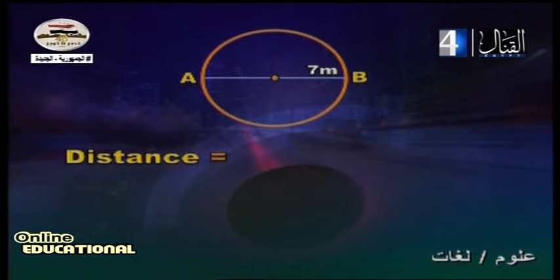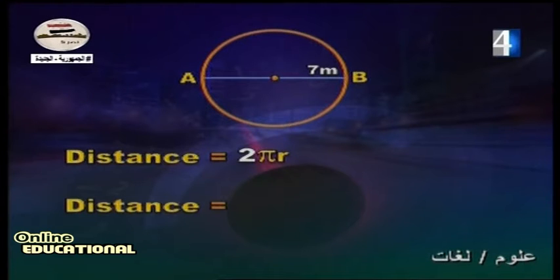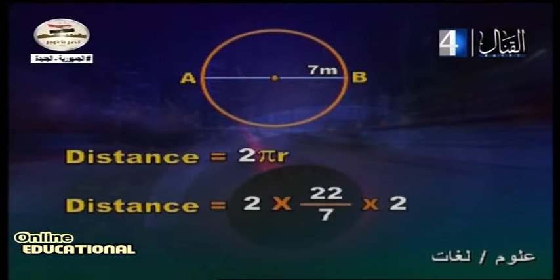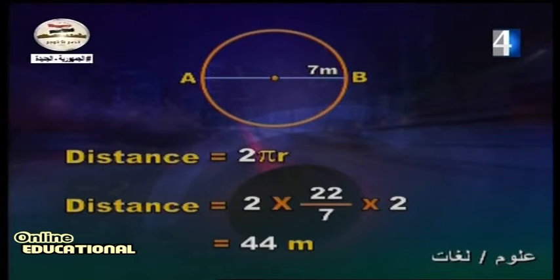The total circumference, as we know, equals 2 pi r, so the distance is 2 times 22/7 times 7, which equals 44, without any direction, because distance is a scalar physical quantity. So the distance is the total circumference.